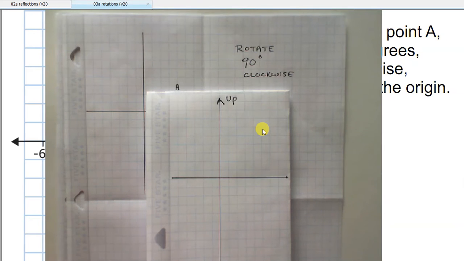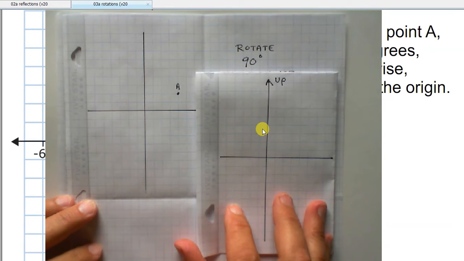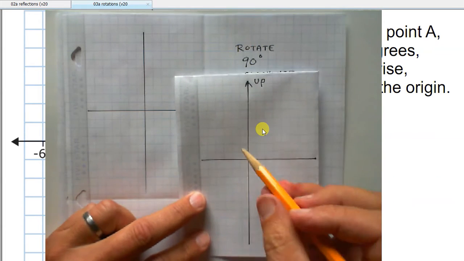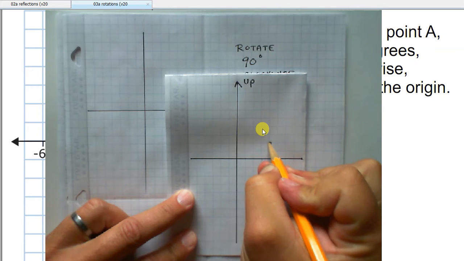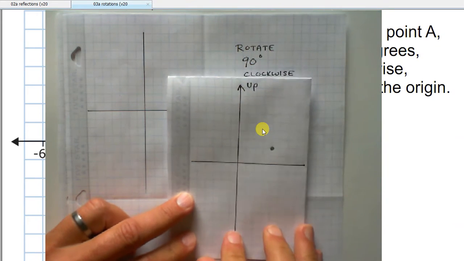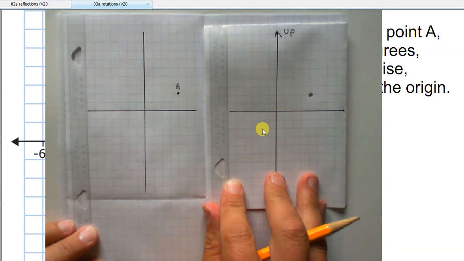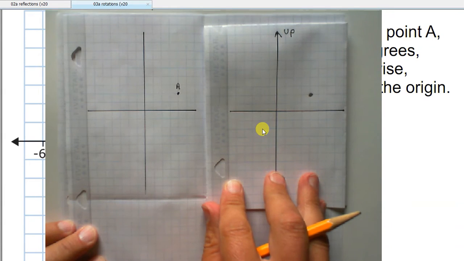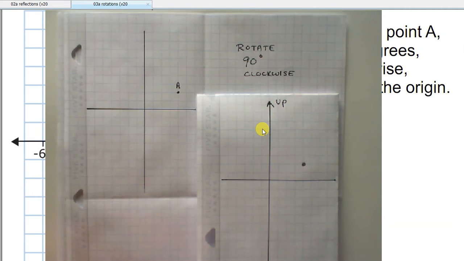And on this, I'm going to put the exact same point. So I'm going to have another point at 4, 2. All right. So notice I have the exact same thing twice. I am now going to rotate this 90 degrees clockwise. Here we go, 90 degrees clockwise.